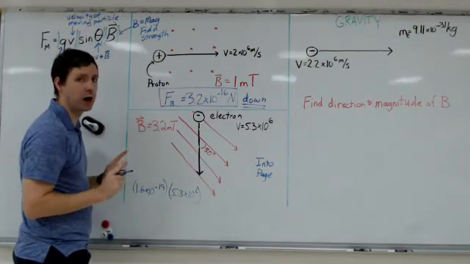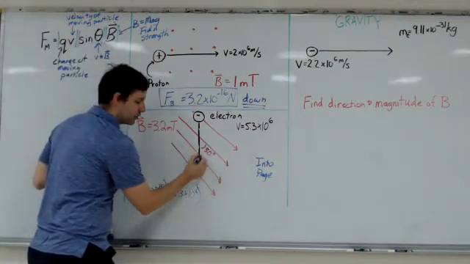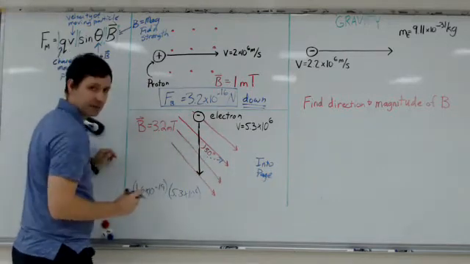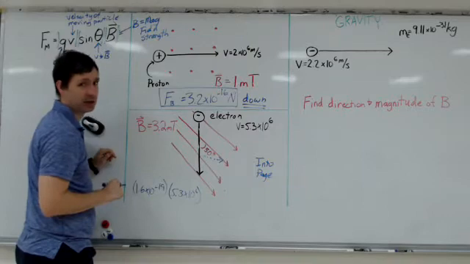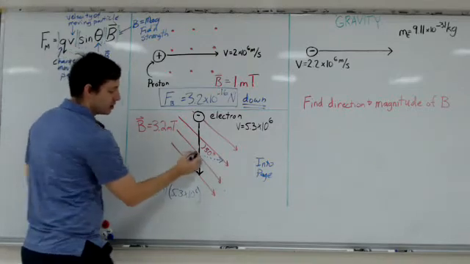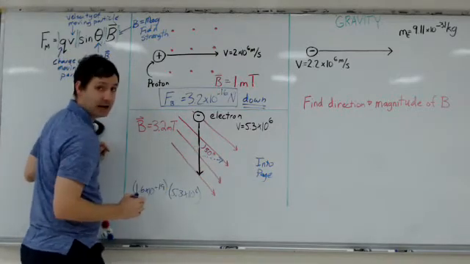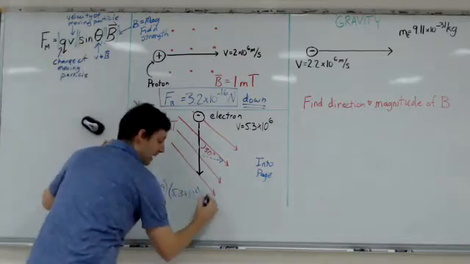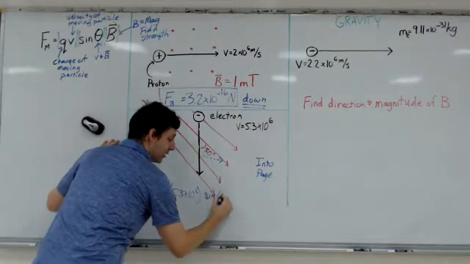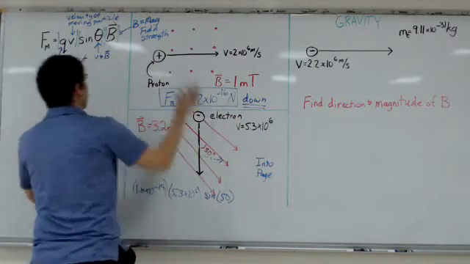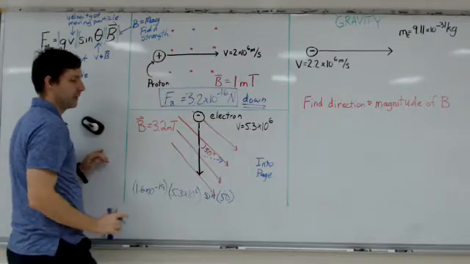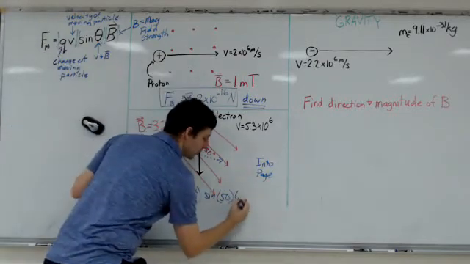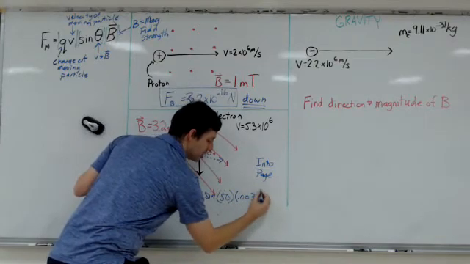And remember, what we want is the part of the magnetic field that is perpendicular to the velocity. It's all about perpendiculars here when we're talking about magnetic fields and forces. And so you'll notice that's going to be the opposite side, which is why we're using sine of theta there. And so we'll multiply it by sine of theta, which was 50. And then we'll multiply by the strength of the magnetic field, which was given to us as 3.2 millitesla, so 0.0032.